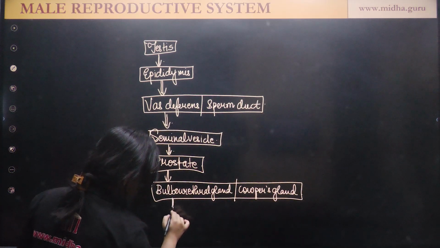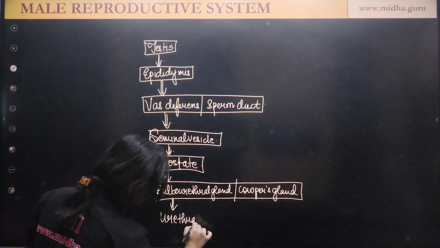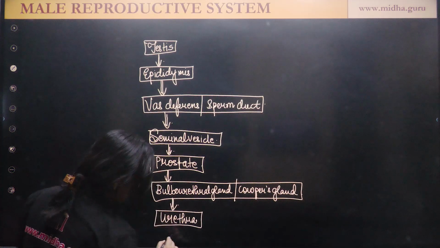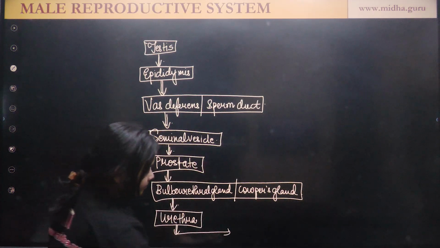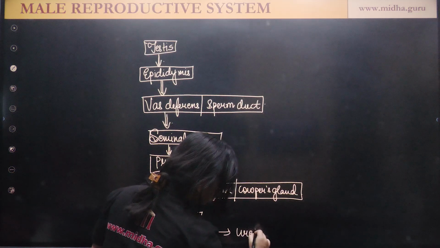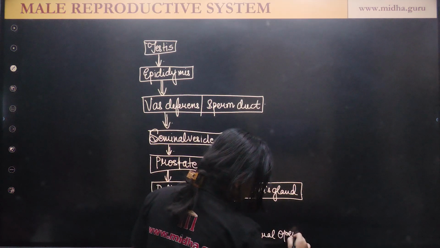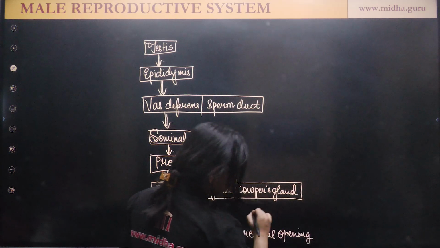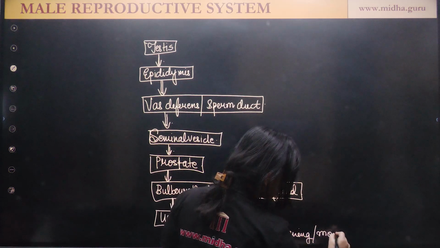Finally we have this urethra, and lastly, I don't have space, I'm writing it here, urethral meatus. You can also say urethral opening, and if you can remember it more elaborately, then you can write urethral meatus.